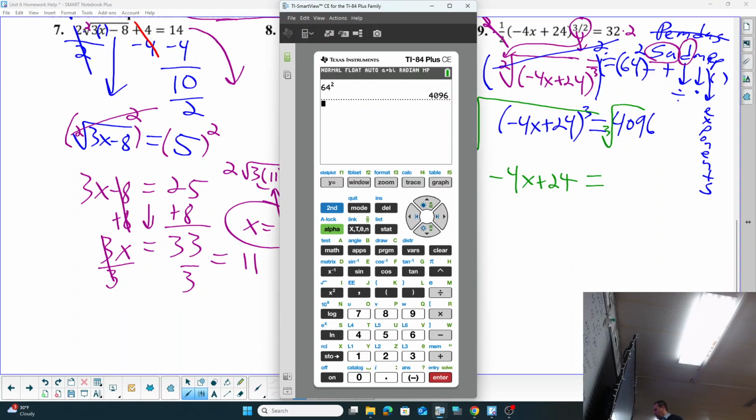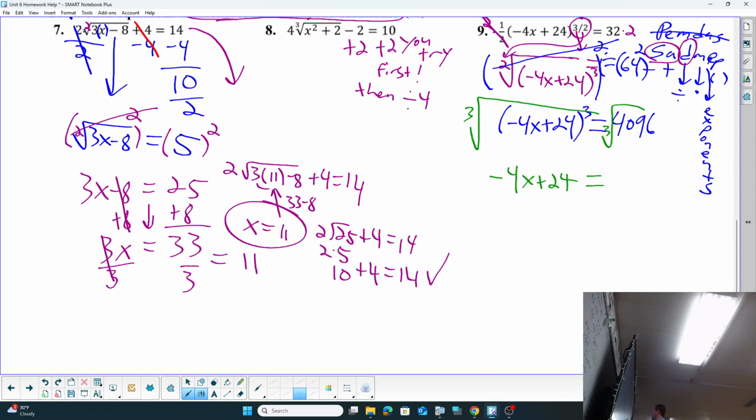Equals, okay, so now we have to do math button, option 4, which is the cube root of 4096. That's all the way back down to 16. Woo! And then we're going to minus 24, minus 24. So that gives us a negative 8.